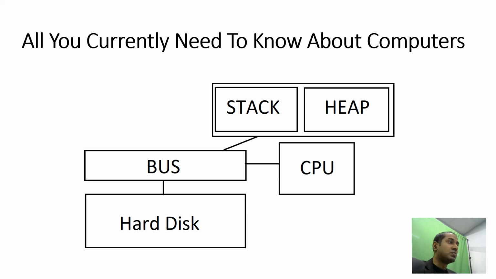Okay, so let's delve into what the stack is. When a program is running, it puts the instructions it's going to run into something like a stack, and it runs one of those instructions at a time, starting at the top of the stack and then moving down through it.